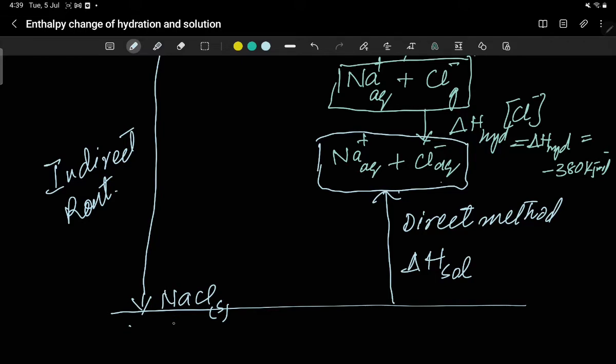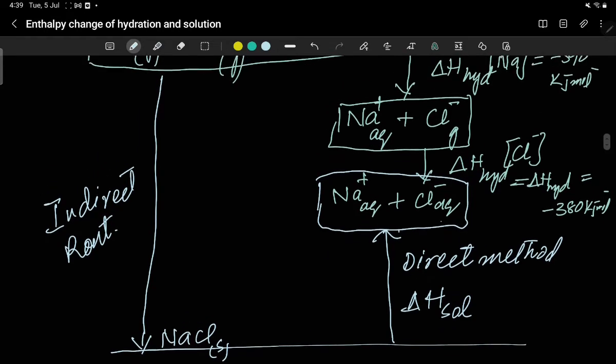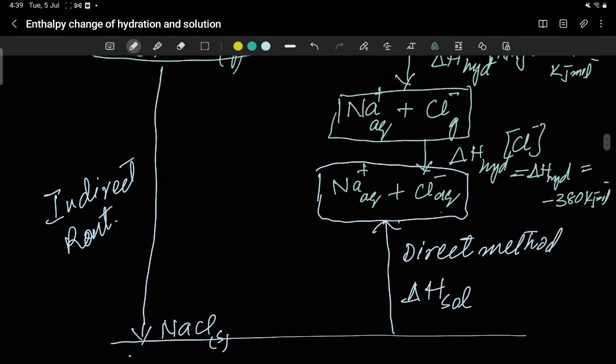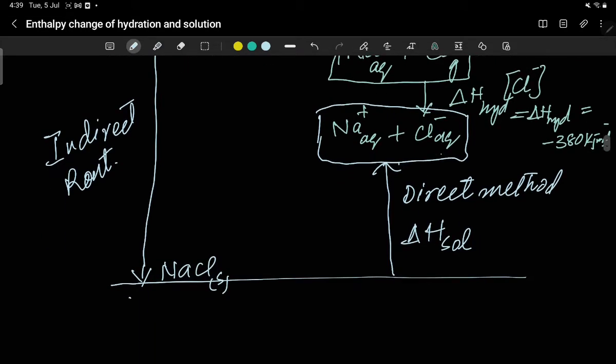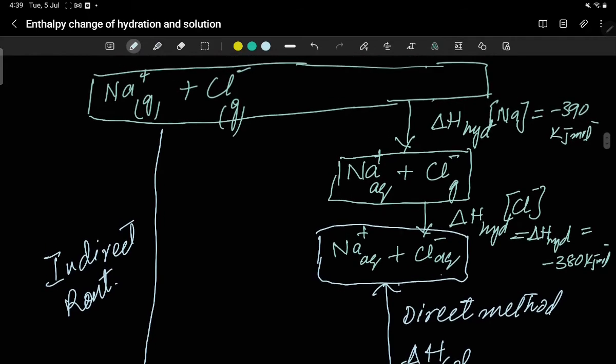And in the indirect route, 1 mole of ionic solid is formed from 1 mole of sodium gaseous and 1 mole of chloride gaseous. So this is how sodium chloride is formed.